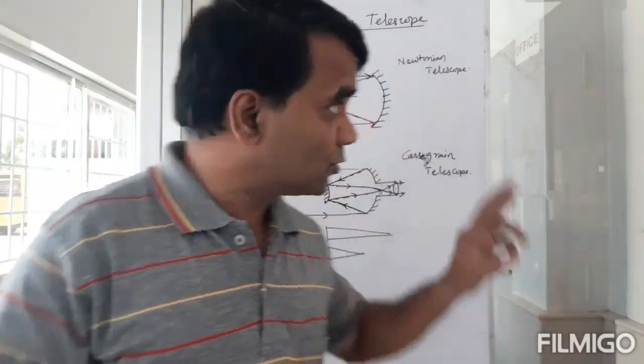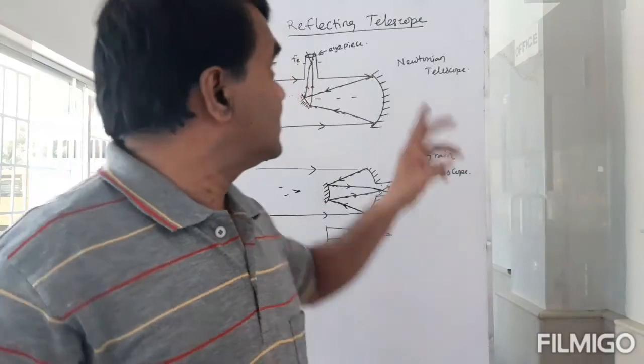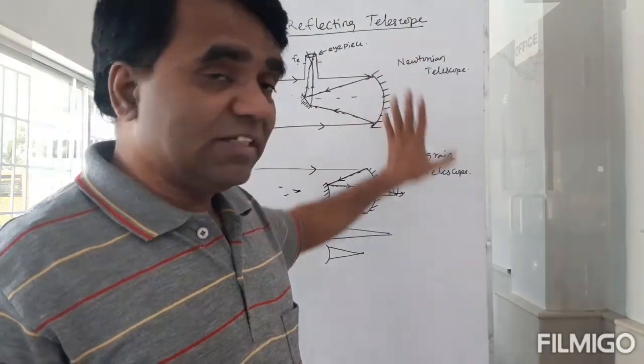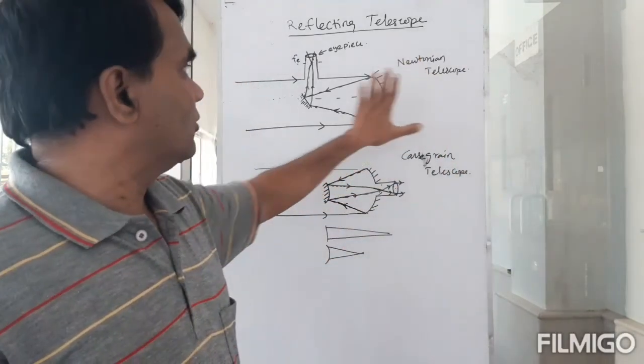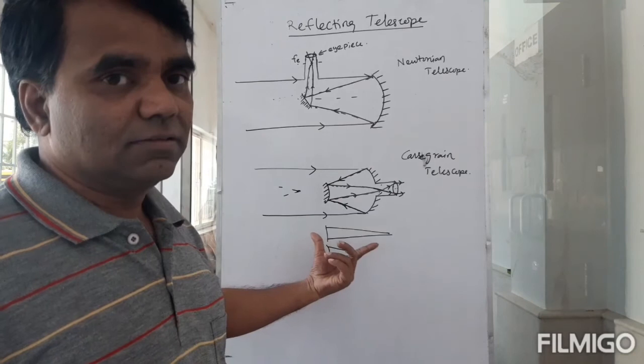So there are basically two types of telescopes. One is a refracting telescope which uses lenses, and the other one is a reflecting telescope. And in the reflecting telescope we have seen two types. One is the Newtonian Telescope like this, and the Cassegrain telescope is like this.